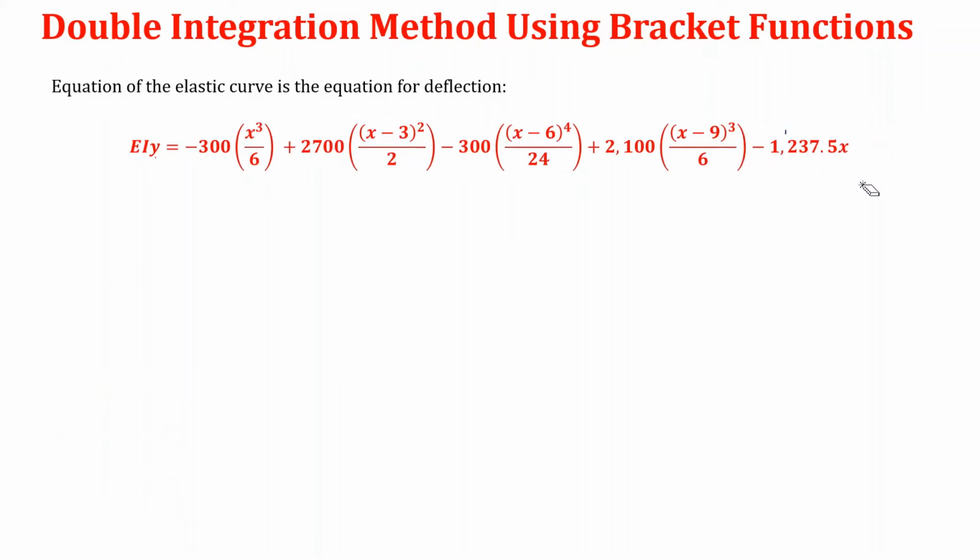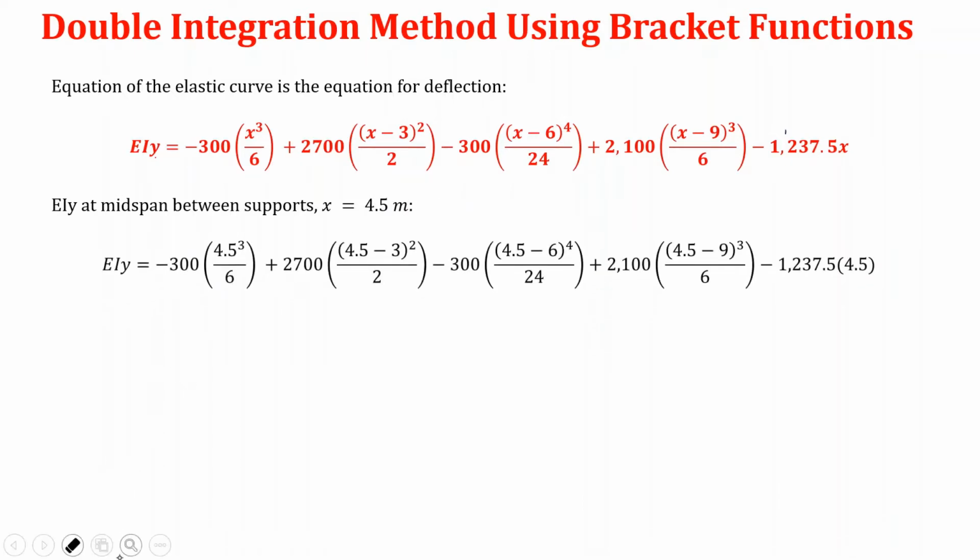Okay. So, the question: what is the EIY at mid-span between supports? So, when x is 4.5, I already explained earlier why 4.5. So, just substitute 4.5 in the equation. Okay, before you evaluate your equation, first look at which terms are negative. This one is positive, 4.5 minus 3 is positive. 4.5 minus 6 is not positive, so it becomes 0.